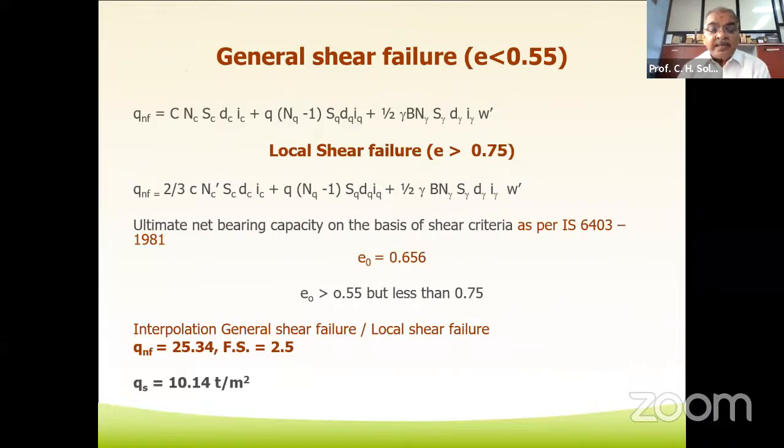The value of the safe bearing capacity for the given data, considering a factor of safety of 2.5, comes out to be 10.14 ton per meter square.